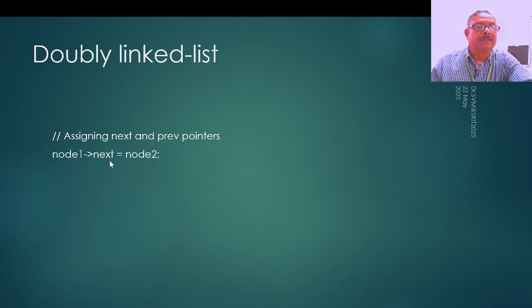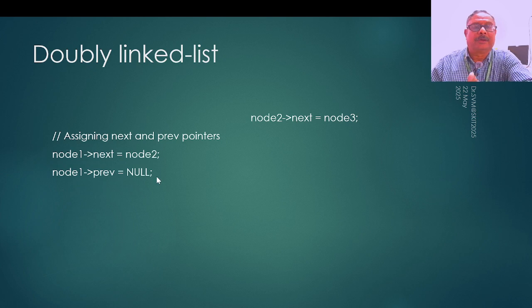Node 1's next is node 2, and node 1 is the first one, therefore it doesn't have any previous, so we put null there.